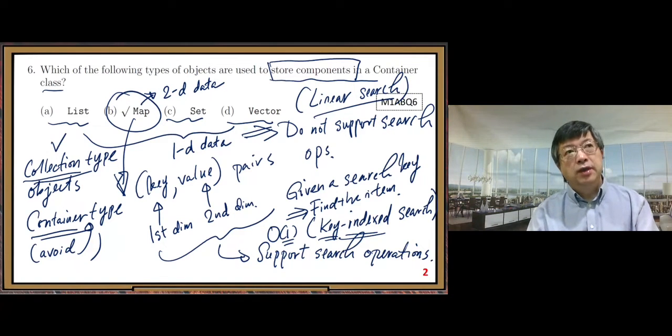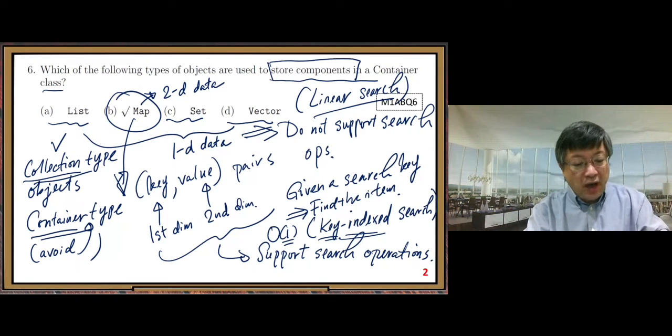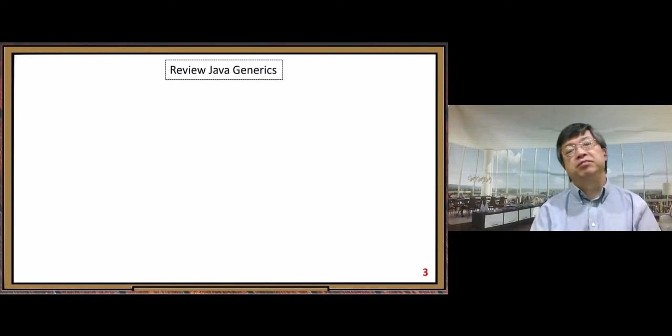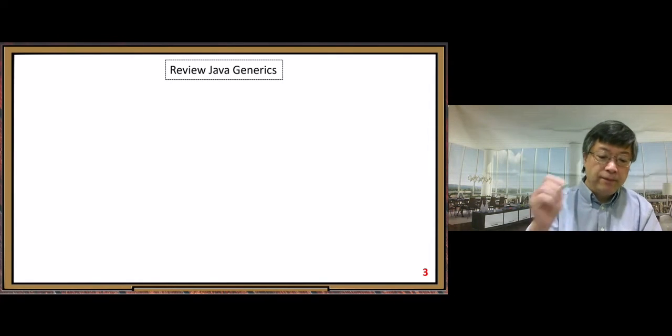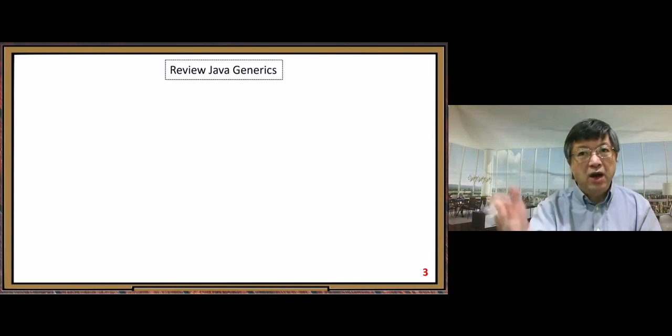So the next question: what is the right way to use collection type objects? Here, let me review Java generics. I mentioned that before. If some of you are still not familiar with this technology, here I give you a chance, so I review it a little bit.